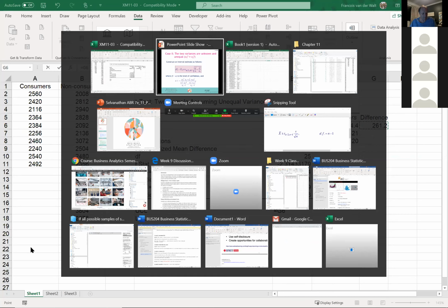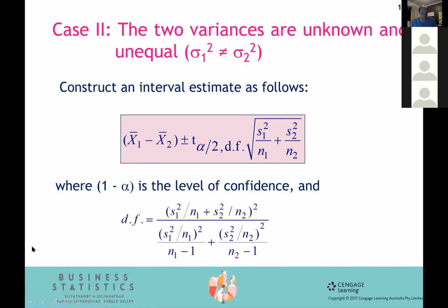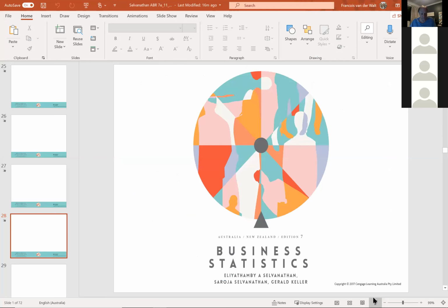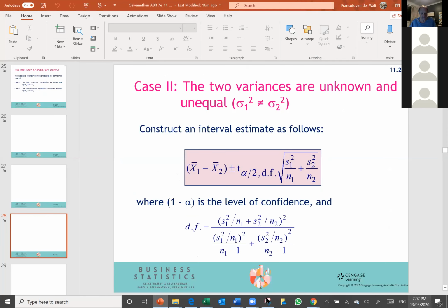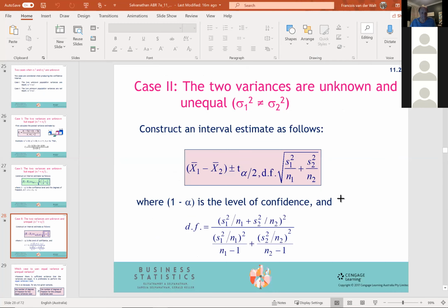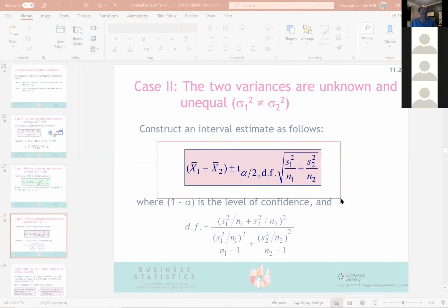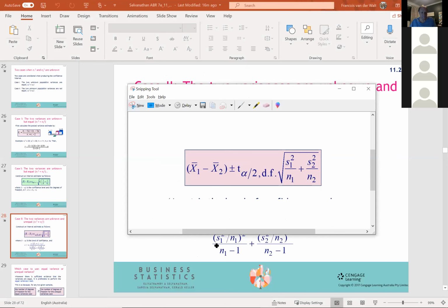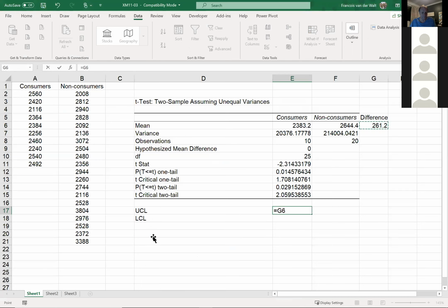Okay, just give me a moment. I think you're right, but I just want to check it. The easiest way for me to check it is to have this formula right there.